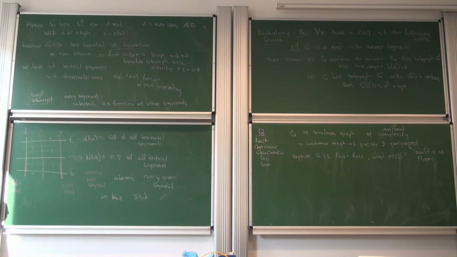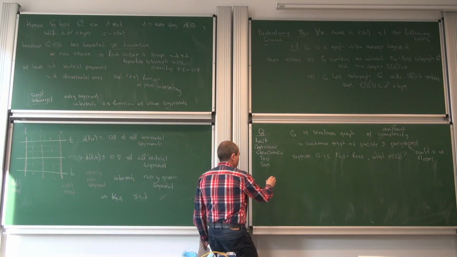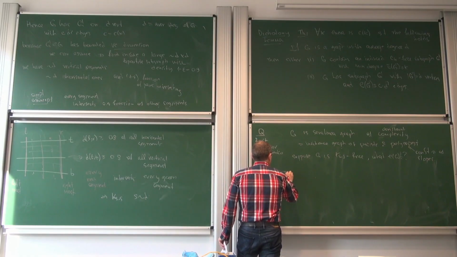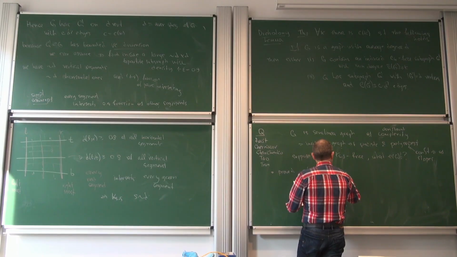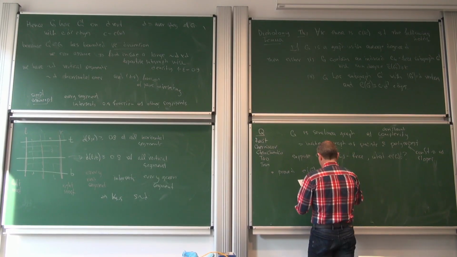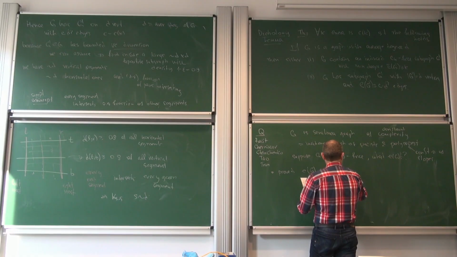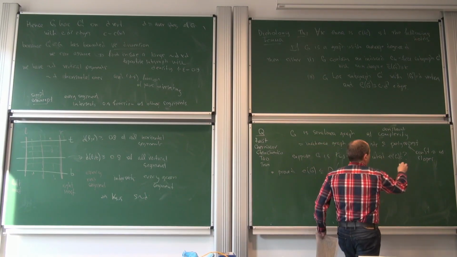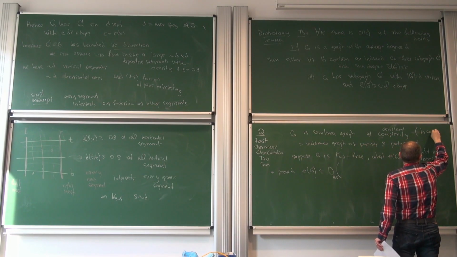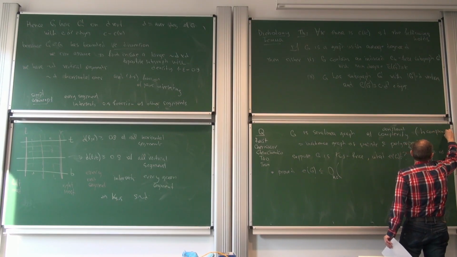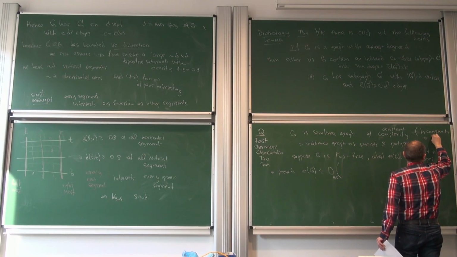They ask how many edges you will have, and the answer is not linear for this problem, but almost linear. So they proved that E of G is at most some constant which depends on H and S, times n log n to the power H. You remember H is a complexity, the number of slopes.